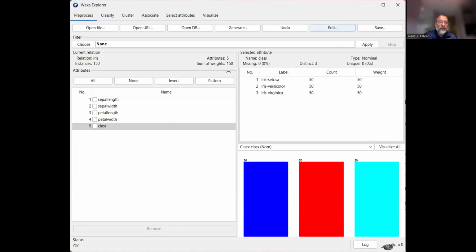Therefore, we need to find a way to identify what type of class we are dealing with. In order to find those classes, we can say that this is a classification problem. Good.